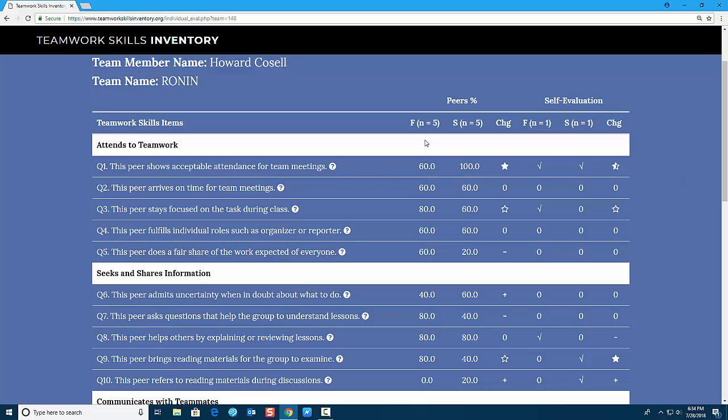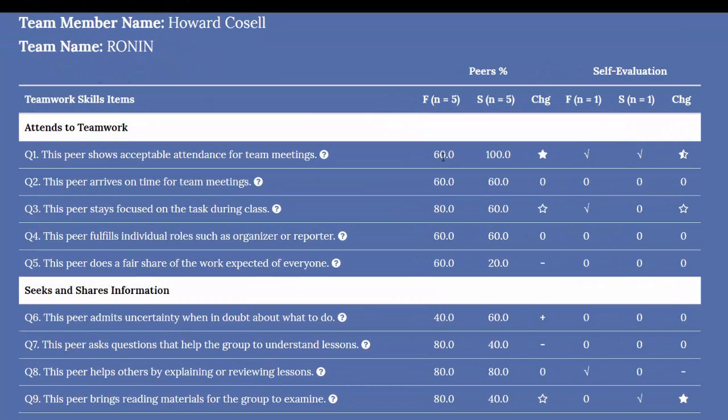But now let's look at question 1 or team skill 1. In terms of the peer percentage, we've got 60% who felt like Howard demonstrated that during the formative, and then it went up to 100% at the summative. What's interesting about this particular team skill is that it was a goal that he set for himself to improve.